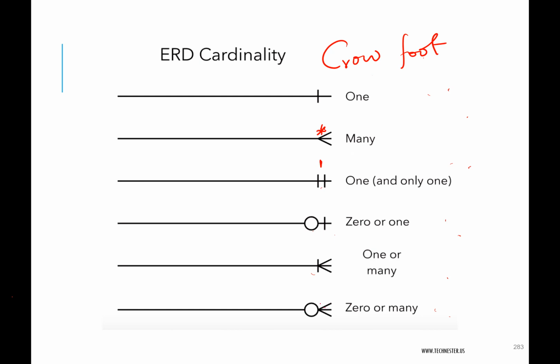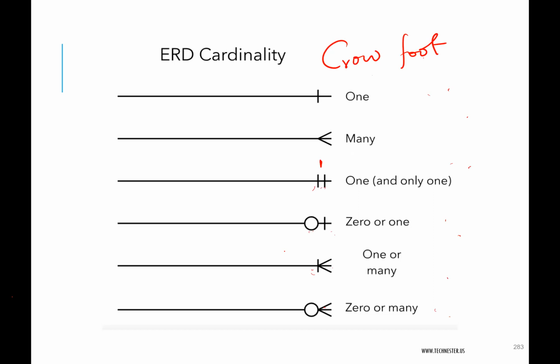The crowfoot itself is many. This is 1. This is many. 0, 1, 1 and 1. So 1 by force, 1 and only 1. Then this is many. So it's not difficult, but most times, most software don't use it anymore. So you may not find this, which is fine. But that's the key thing with entity relationship diagram, it is exactly the same thing we were doing.